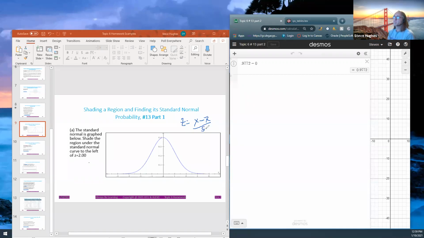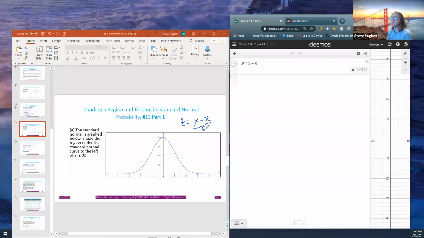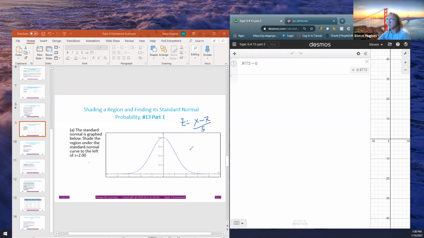All right. And z tells us how many standard deviations we are above or below the mean. That's what it tells us. So z equals 2 says we are 2 standard deviations above the mean. Everybody with me? If we're going to shade this in, it's positive 2, so it's to the right. It's right here, right? Everything here is shaded in.